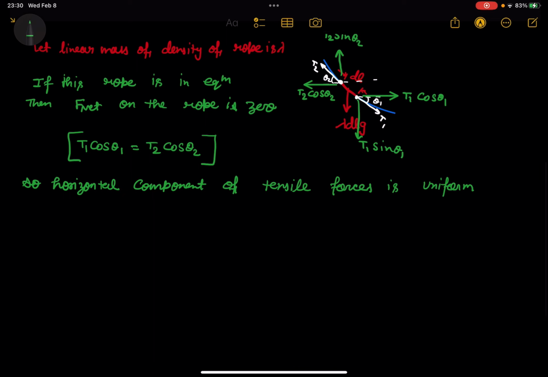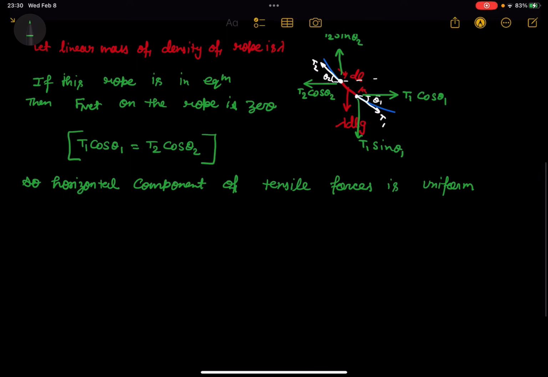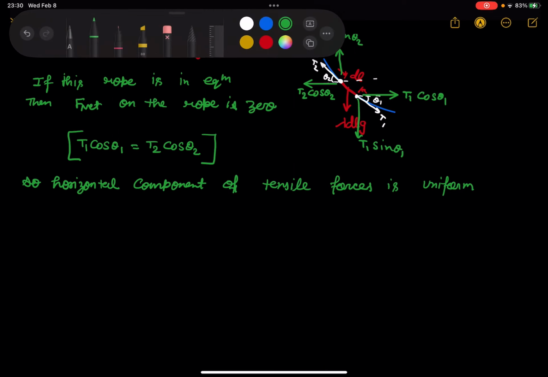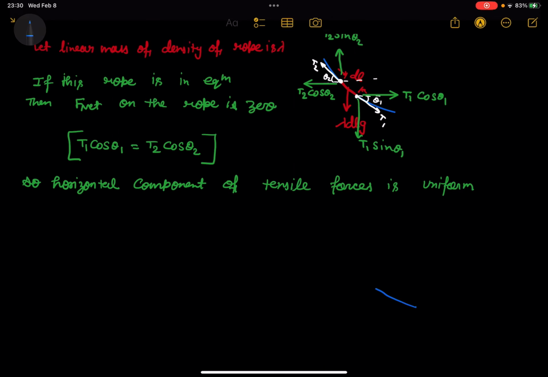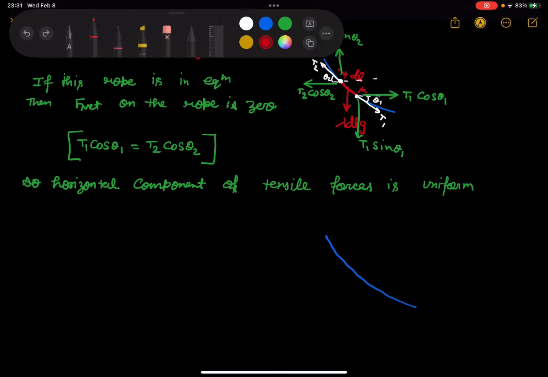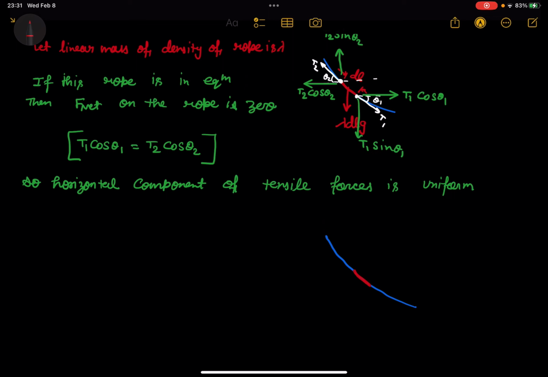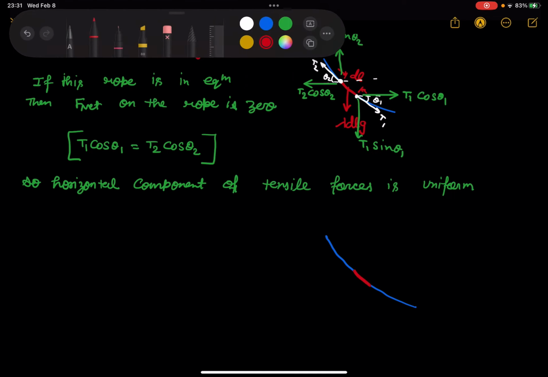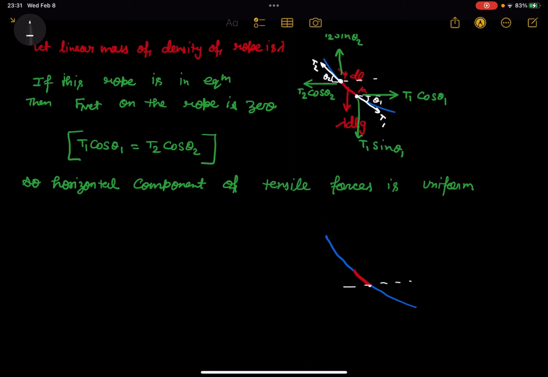Listen carefully. If this length is dl, for better understanding I redraw it again. So this is the catenary shape, and here I am taking this dl elementary part. If the angle from the x-axis is theta, then the other angle is theta plus d theta.